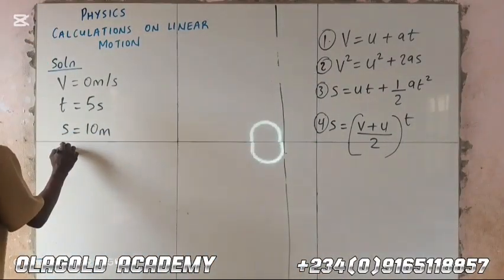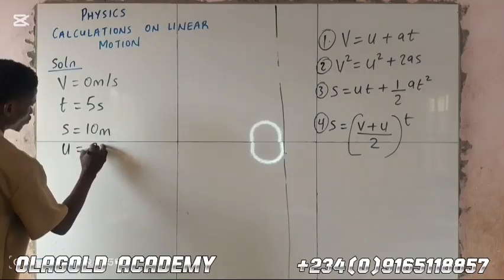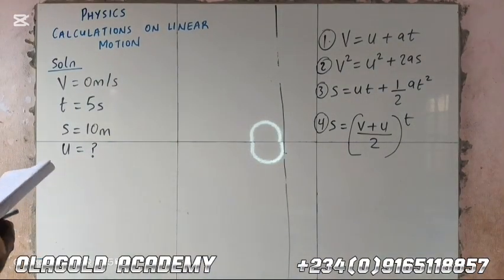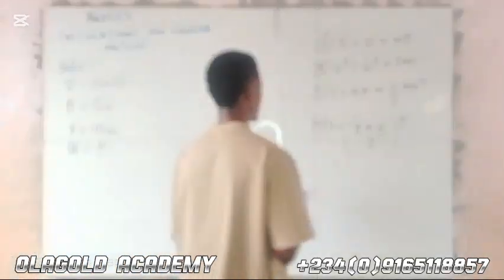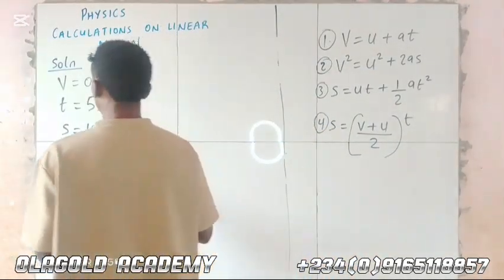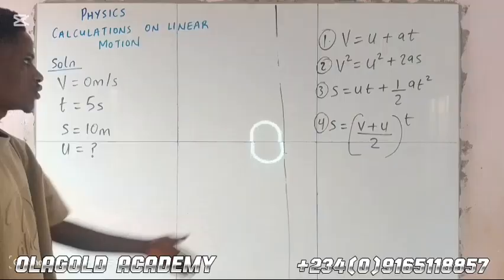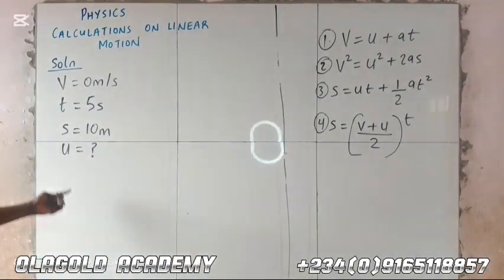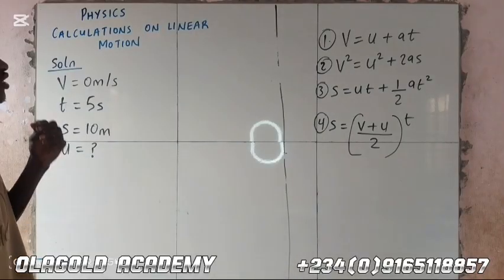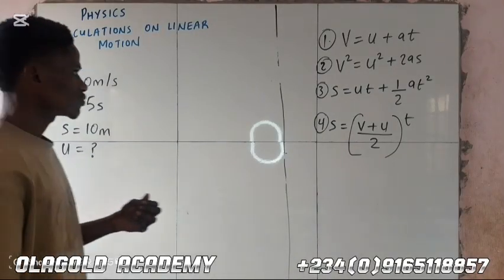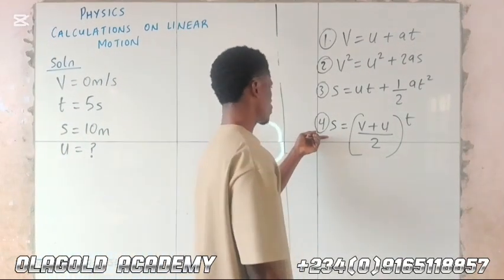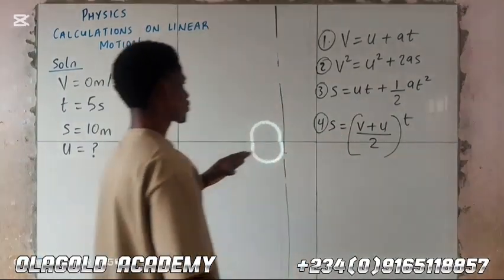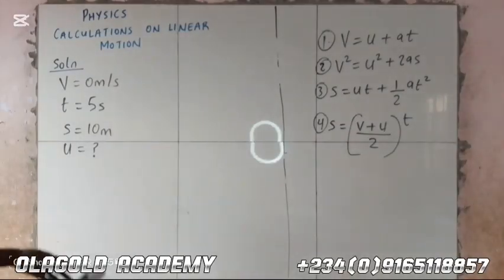So initial velocity equals question mark. When we consider these equations carefully, what equation is the best to get our initial velocity? If we check carefully, we can see that the fourth equation is a suitable equation to get our initial velocity.